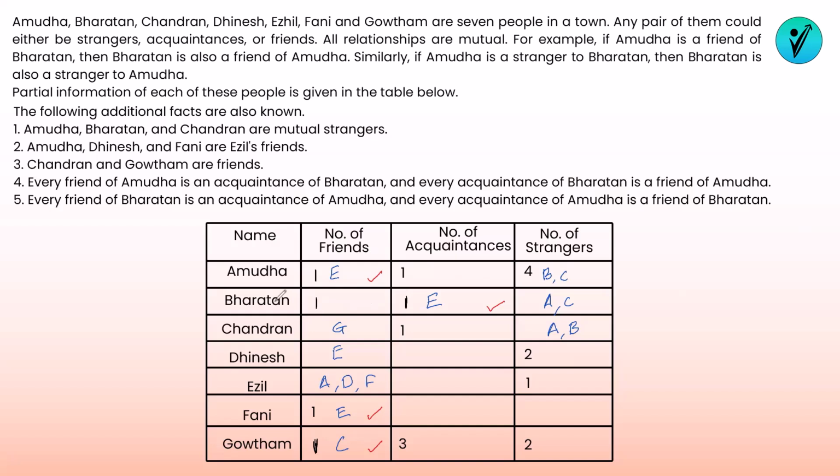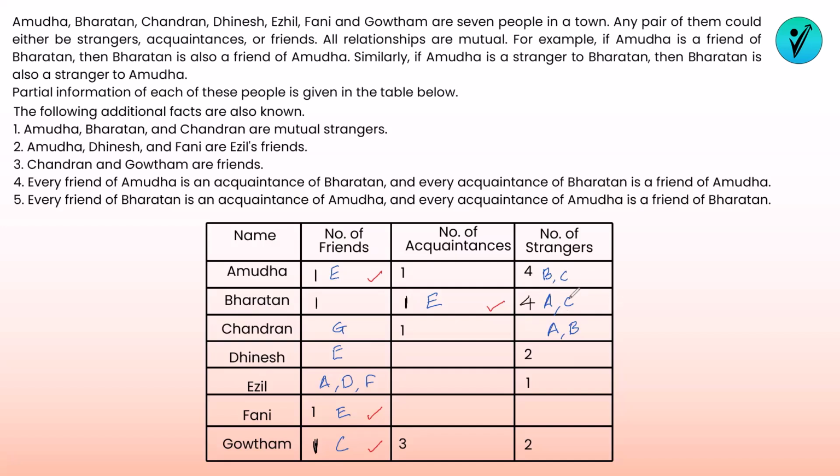Now, what does this tell me again? B has 1 friend, B has 1 acquaintance. There are in total 6 people to take care of for B, that is A, C, D, E, F, and G. And there are 2 of them as strangers. That means the rest of them will have to be in the stranger category. So I am saying that there are a total of 4 strangers that B has.